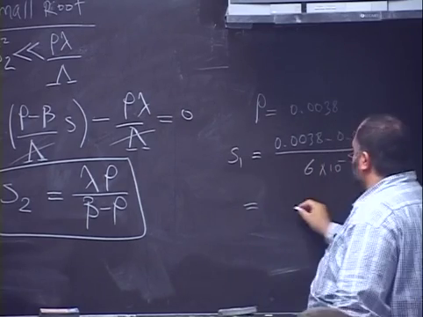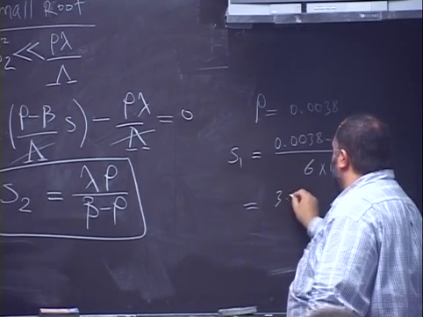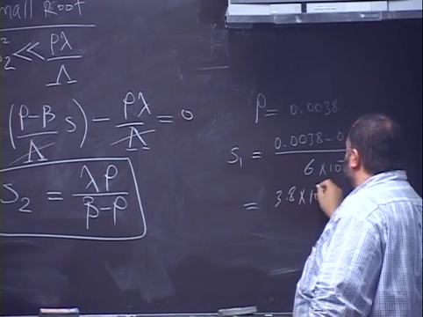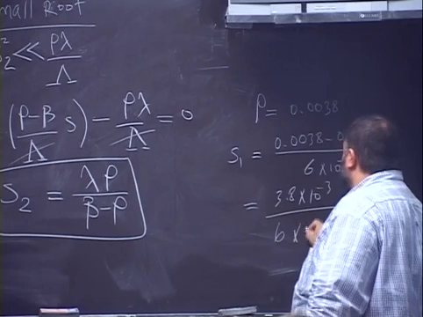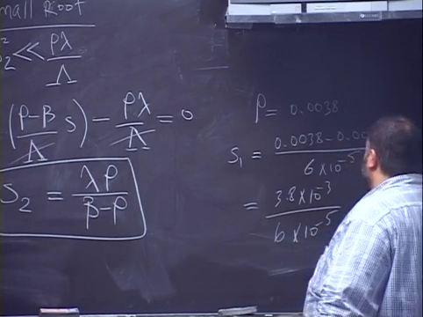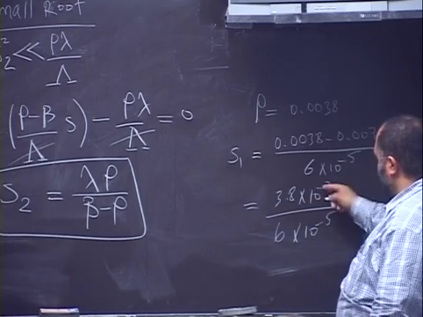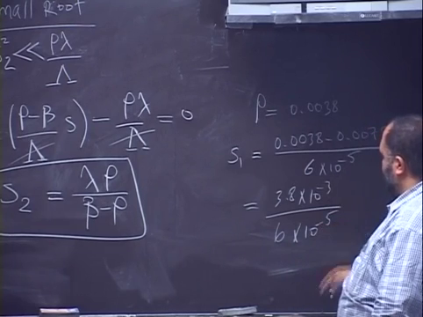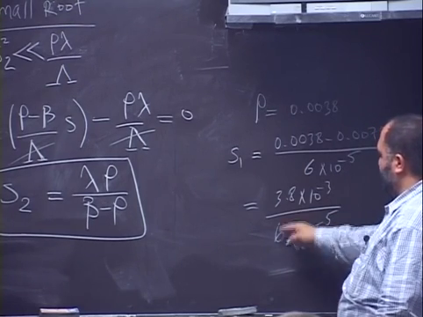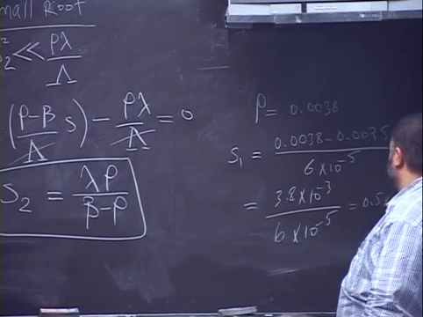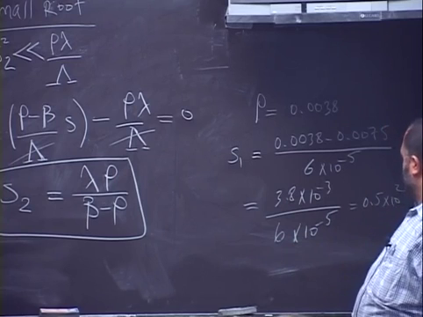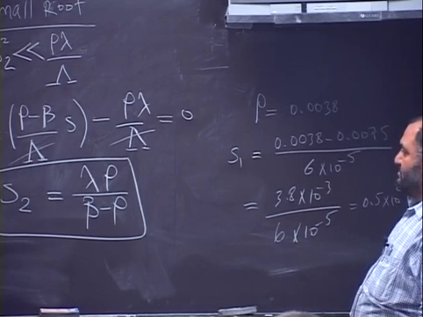This will give you 3.8 10 to the power of minus 3 divided by 6 10 to the power of minus 5. So this will give you what? 10 to the power of 2, and this will give you half. So this will give you 0.5 10 to the power of 2, something like 50 or so.